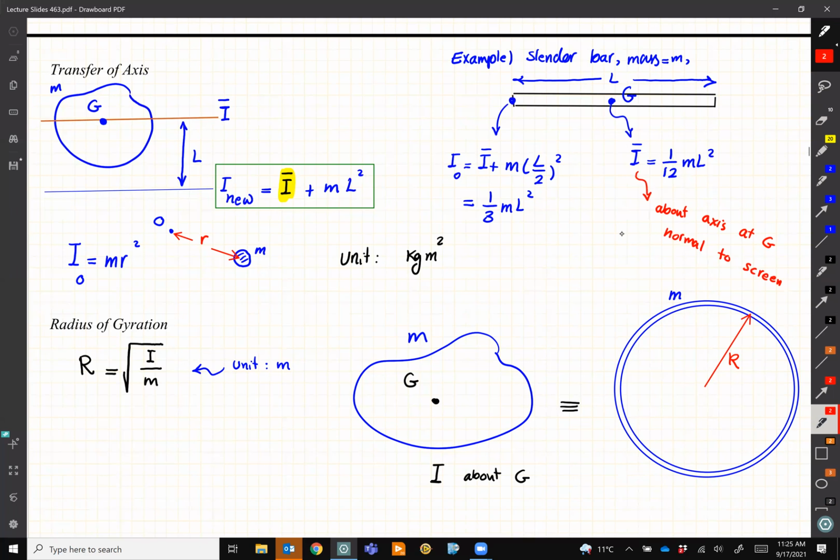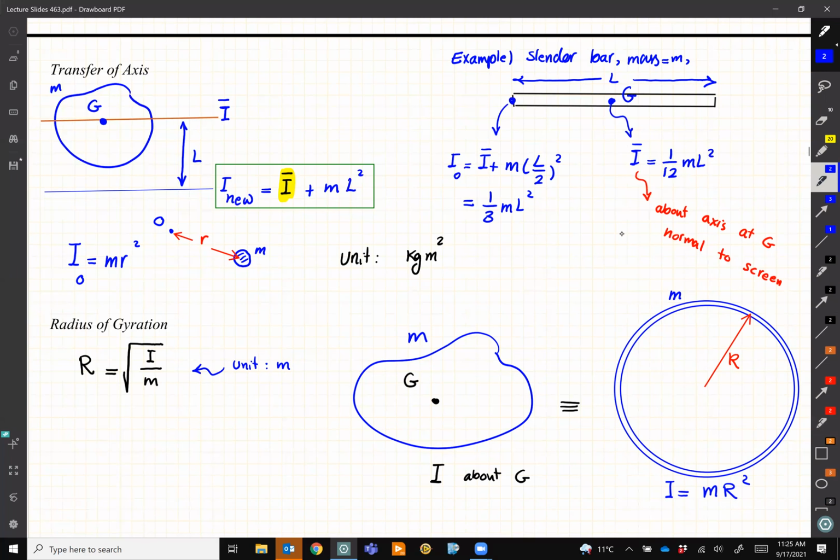So question for you, what is the moment of inertia for a ring? It's also another shape that you should know the mass moment of inertia. Somebody remembers? Exactly. That's M R squared. So mass moment of inertia for a ring is mR squared.